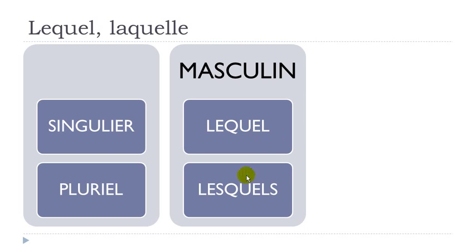Then for the plural form, you will add this S here and then S at the end, okay? And it will give you the pronunciation lesquels, all right? So the final S is not pronounced. So here, when you get this L-E-S, it's just like the article, if you remember, les, okay? So it goes like lesquels, all right?